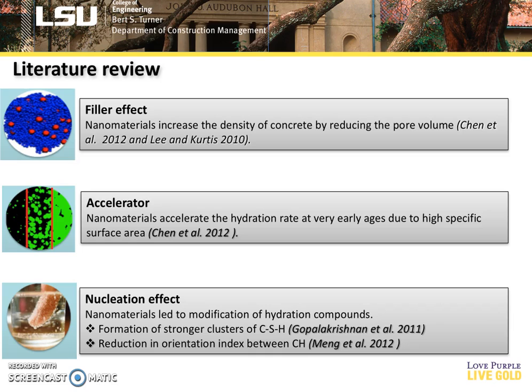And finally, they act as a nuclei effect. The hydration products of concrete, which are CSH and CH, can be modified by addition of nanomaterials. This is why the mechanical properties of cement composite with nanotitanium were enhanced.